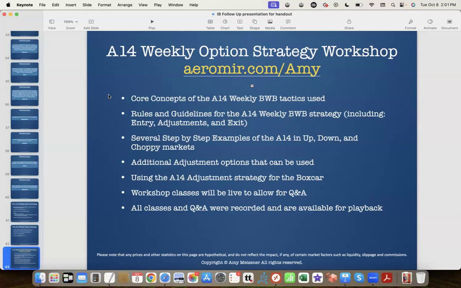I talk about additional adjustment options that can be used, a few in this particular version of the workshop. The boxcar is a strategy that was done earlier and a lot of people were trading that, so I mentioned that you can use some of the adjustments for that strategy as well.